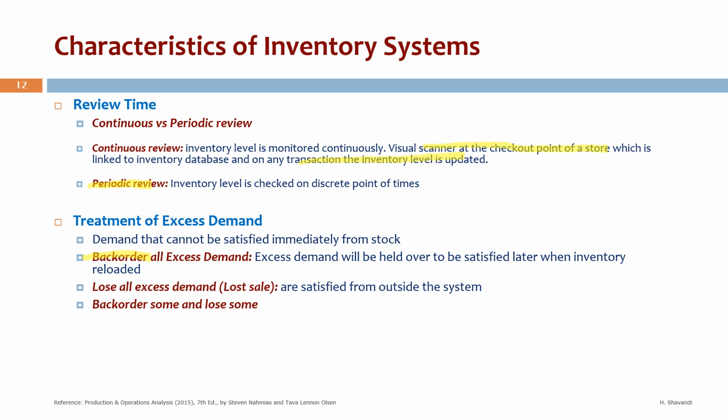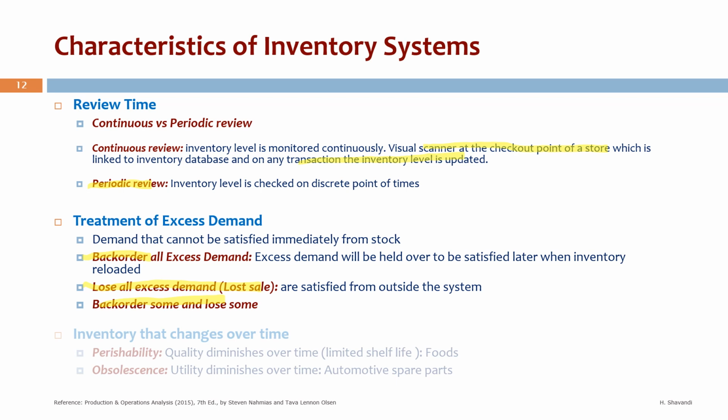But in the lost sale case, customers will not wait to get their order after a while. They will satisfy their demand from outside, from our competitors and from outside of our system. So this is called the lost sale situation. Or it could be a mix of these two, back order some and lose some.